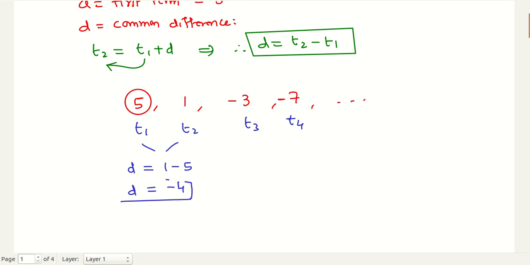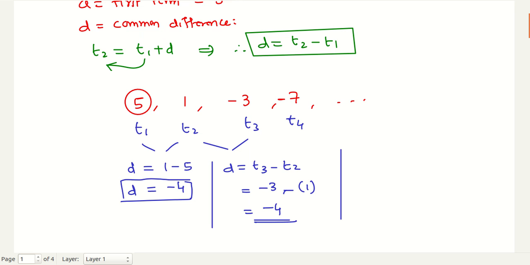So our D is minus 4. Similarly, D is T3 minus T2. T3 is minus 3 and T2 is 1, so minus 3 minus 1 is minus 4. Again you are getting minus 4.